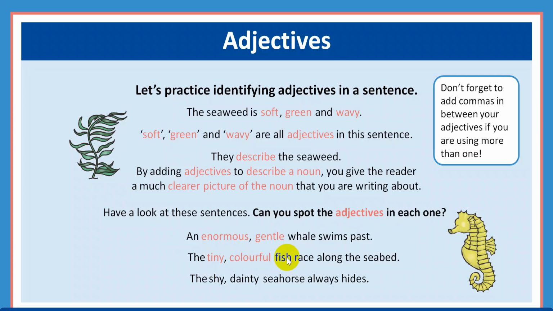Tiny fish. So fish is the noun that is being described. Colorful fish. So tiny and colorful are the adjectives. In the third example, shy and dainty seahorse. Seahorse is the noun that's being described. Shy seahorse and dainty seahorse.